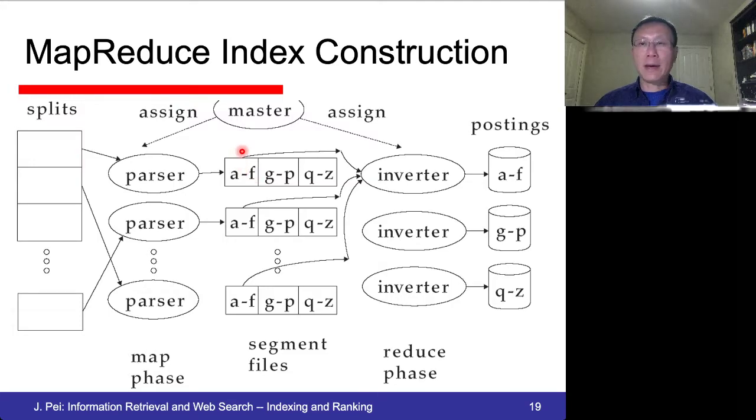Or you can append more information like the location, the frequency, all those information in the pair. And then these will go to the reducer, and the reducer collects all the key value pairs of the same word, and then converts them into the postings.